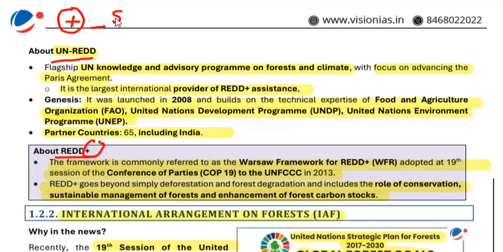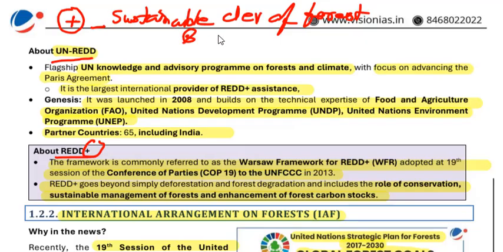We can say it is for sustainable development of forest and forest management. So this plus sign is added for sustainable development and forest management. Earlier, what we saw in REDD was to stop forest degradation or deforestation.